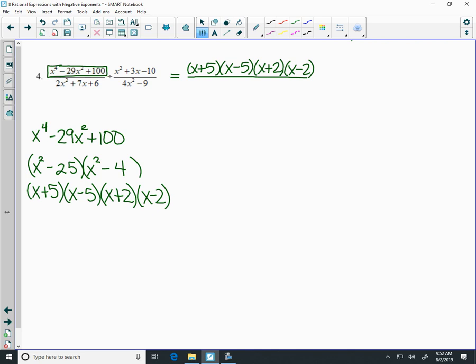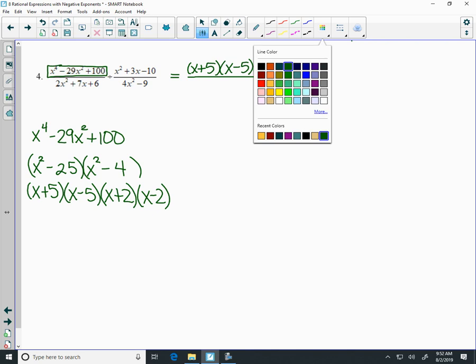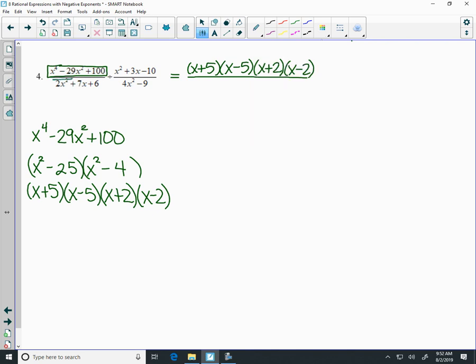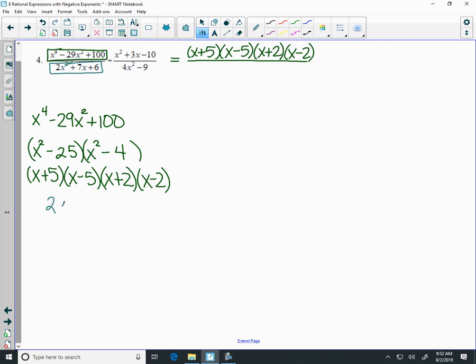All right, next we need to factor the bottom of that first fraction: 2x squared plus 7x plus 6. You can absolutely factor this by guess and check. I factor these by splitting the middle. 2 times 6 is 12.